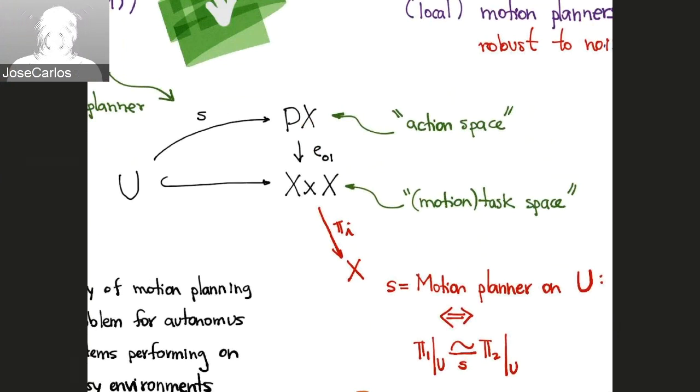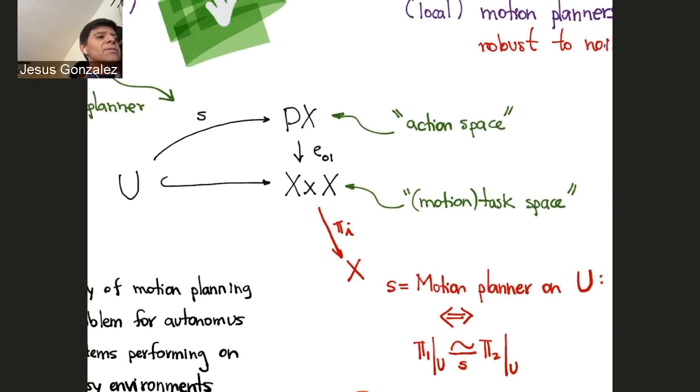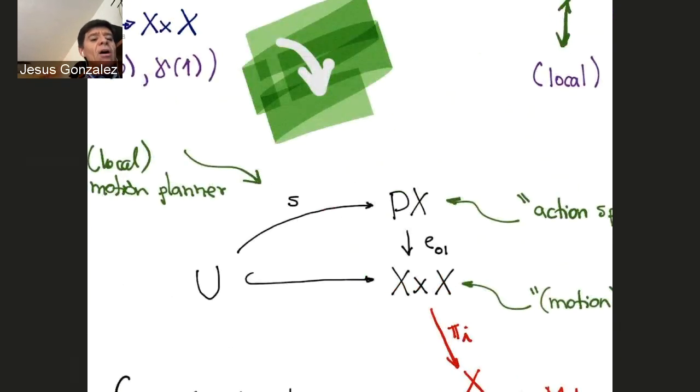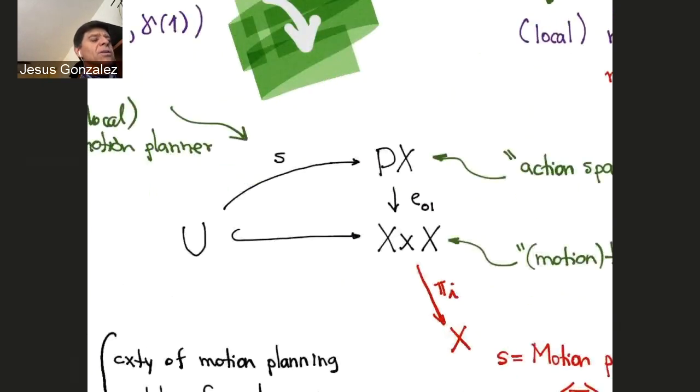And a section, as the one that is shown on the screen, would be nothing but a homotopy. Namely, this section has two parameters, one which is the point of U, and then a time parameter. At the beginning of the parameter, it has to be the first projection, and at the end of the parameter, it has to be the second projection.